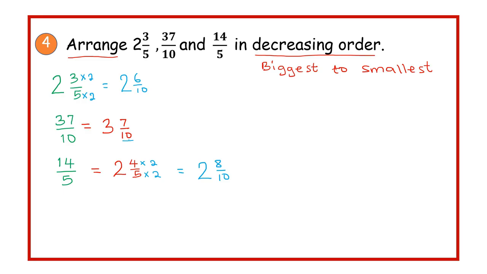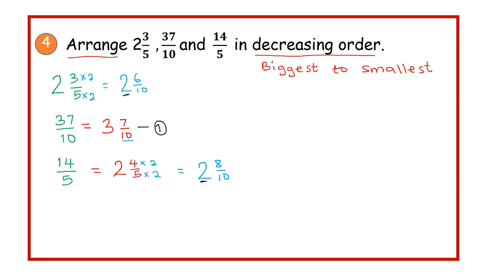Now let us put them in order from the biggest to the smallest. Already we can see that this is 2, this is 3, and this is 2. So this is the biggest, so it is number 1. Next, we have 2 and we have got 2.